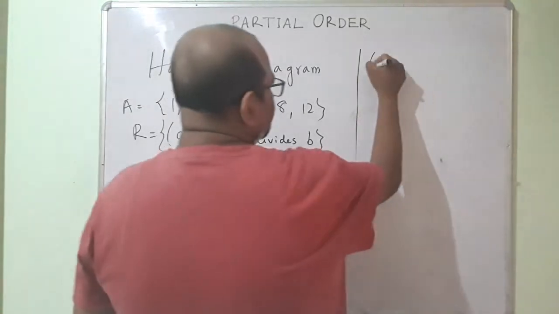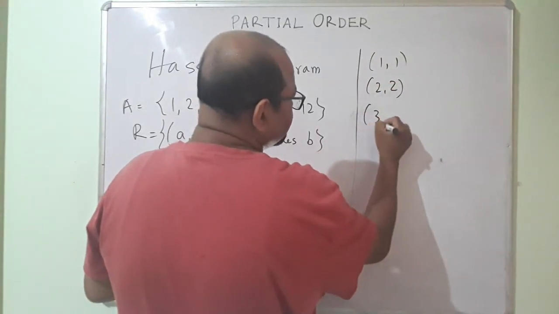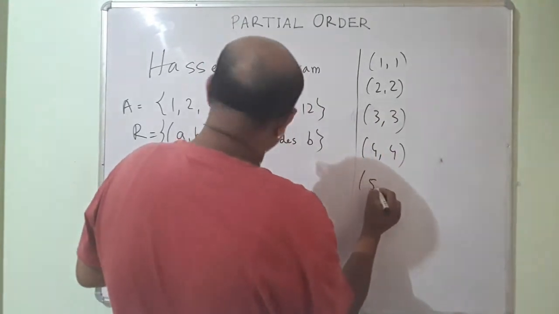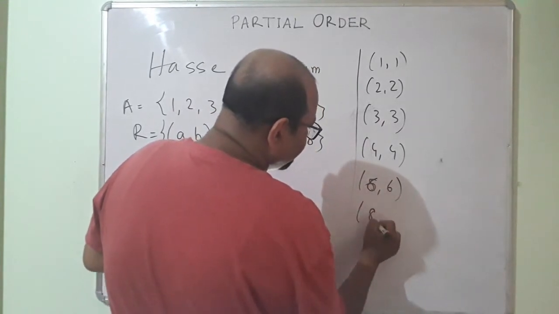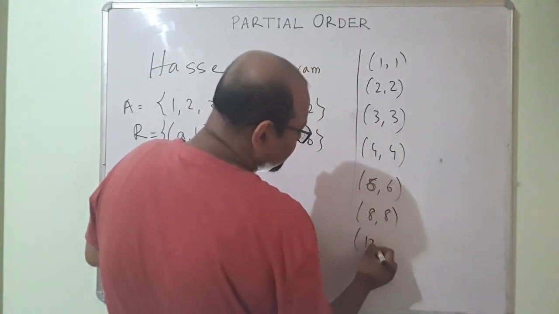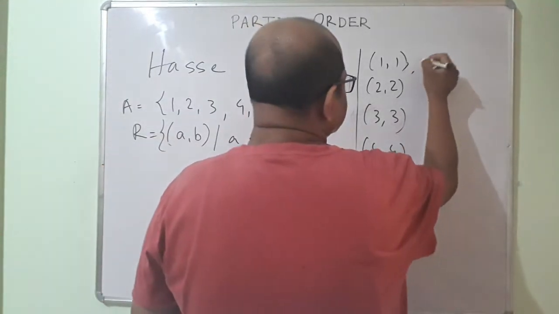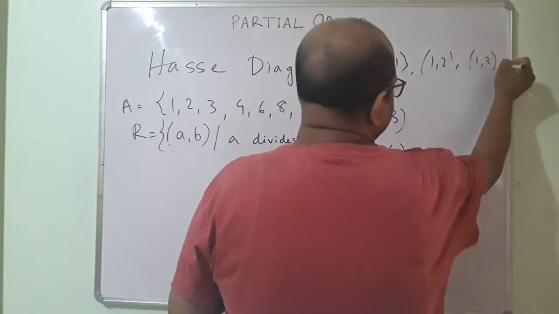So 1 divides 1, 2 divides 2, 3 divides 3, 4 divides 4, 5 is not there, 6 divides 6, 8 divides 8, and 12 divides 12. So all of these will belong. Then 1 divides everybody else: 1 divides 2, 1 divides 3, and so on.